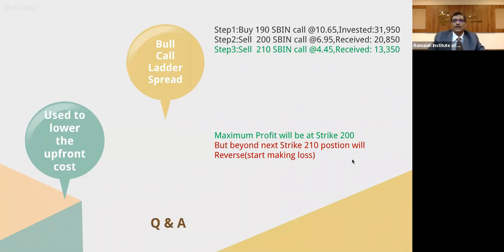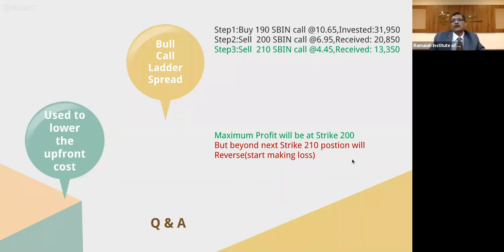So what do I do? Step one would be to sell the 190 call at 10.65, which gives approximately 31,850. The second step is the same as the bull call spread, which is selling the 200 SBIN call at 6.95, which means I've received 28,850.